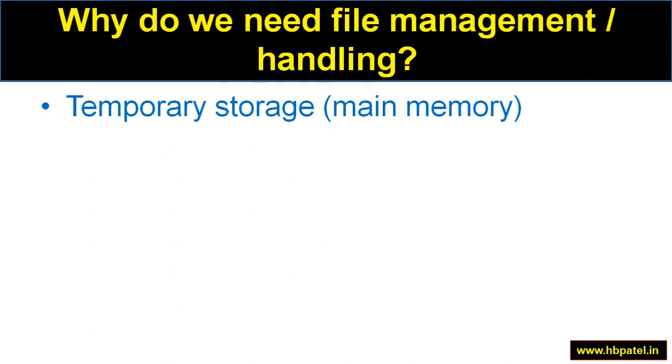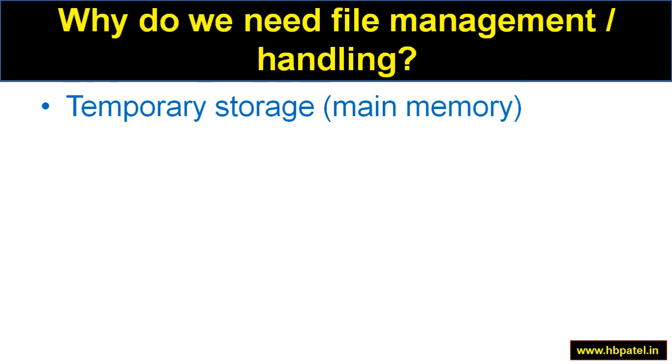If you remember, in the very first video we saw this temporary versus permanent storage mechanism. So what is temporary storage? Something which is stored temporarily, for some time, on an ad hoc basis. For that the computer has a main memory.